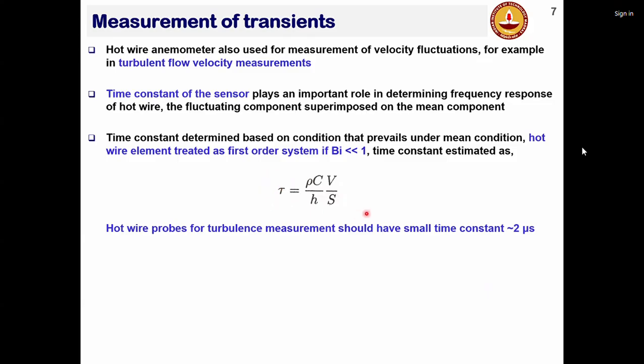As soon as there is a perturbation in the velocity, it should appear as a change in the voltage. That can happen only when the response time is very low. We talked about this when we discussed orders of systems, first order system. Only when the response time is very low can it do dynamic measurements very well. Yes, sir, understood.